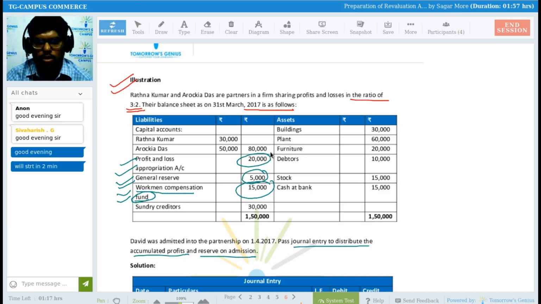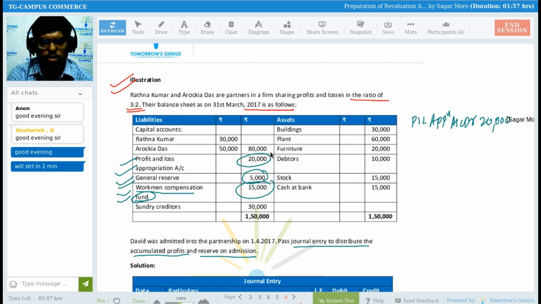Profit and loss appropriation account debit, amount 20,000 rupees. We can combine everything now instead of writing separately.